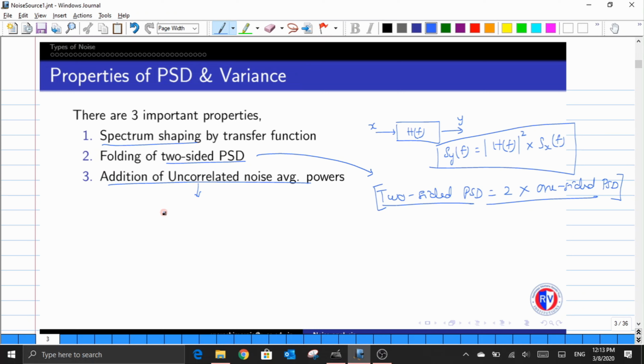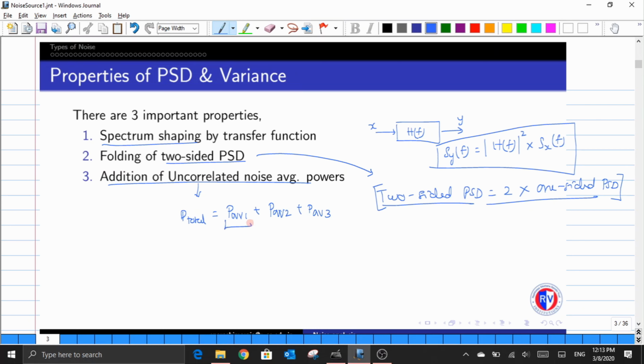Consider that there exists some set of noise sources inside the circuit. One could write the total power contributed by these noise sources as the summation of each individual noise source in terms of powers.